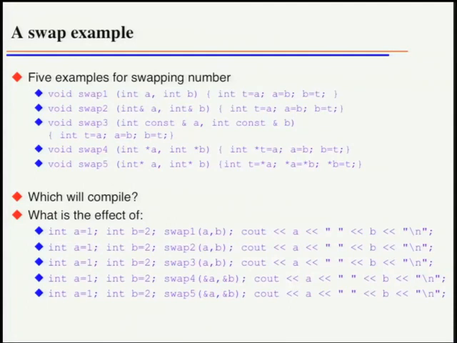Can you explain it into the microphone? Because inside of the function there will be local copies, but they will be lost, and effectively there will be no change. Right. So we had call by value, and we only swap the local copies within the function, but not the variables in the caller.